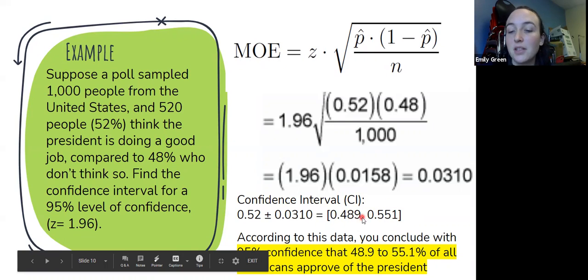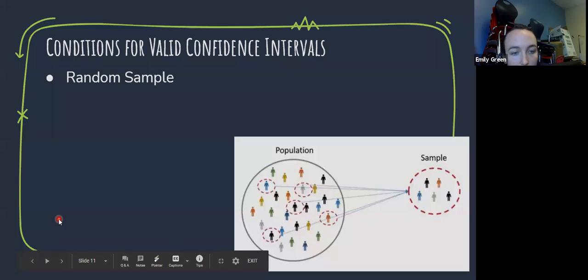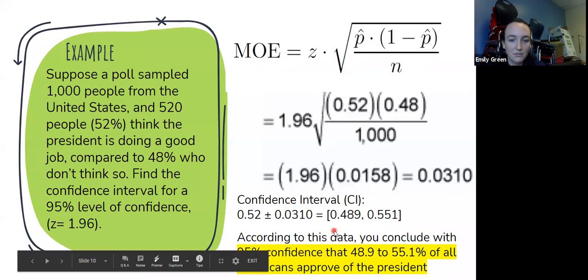And that's my confidence interval from 48.9 to 55.1%. So according to this data, you can conclude with 95% confidence that 48.9 to 55.1% of all Americans approve of the president.